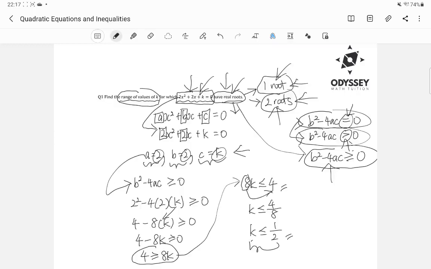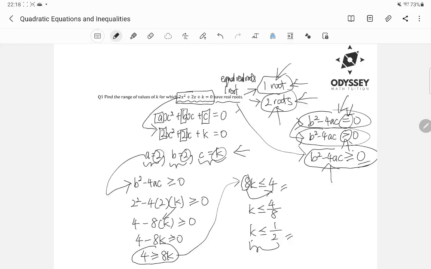So the idea of tackling this type of question is to first ask yourself what the question is looking for. If the question is looking for real roots, then you make use of b squared minus 4ac more than or equal to 0. If the question is looking for just one root, or sometimes the question will say equal real roots, then you make use of b squared minus 4ac equals 0.